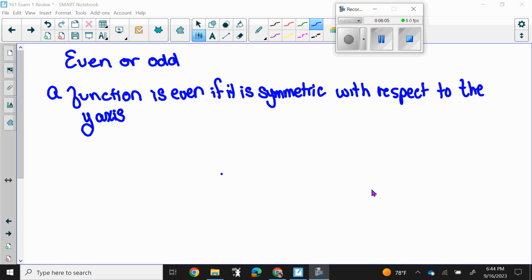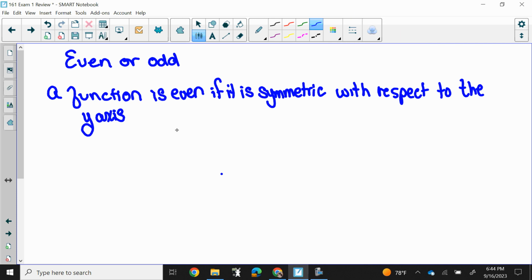If it's symmetric with respect to the y-axis, an example of that would be the x squared function, right? Now, if it's moved to the left or to the right, it's not necessarily even anymore. But if you just have y equals x squared or y equals negative x squared, it is even.